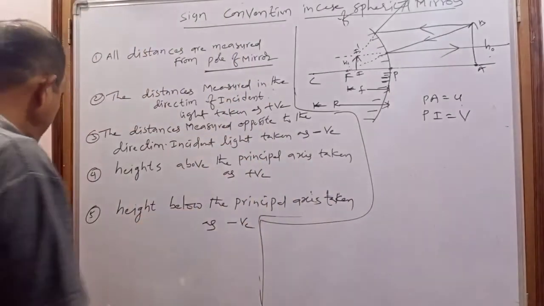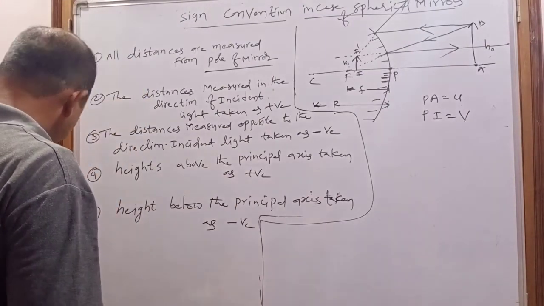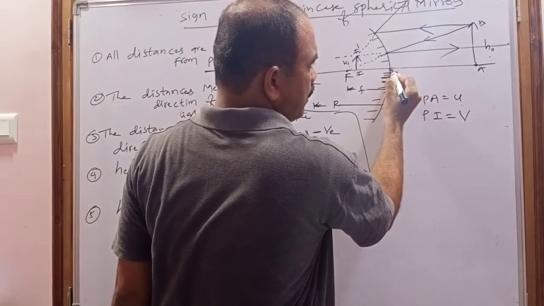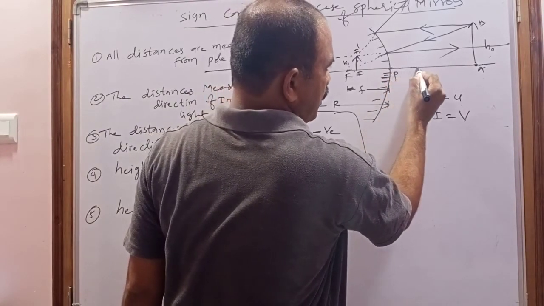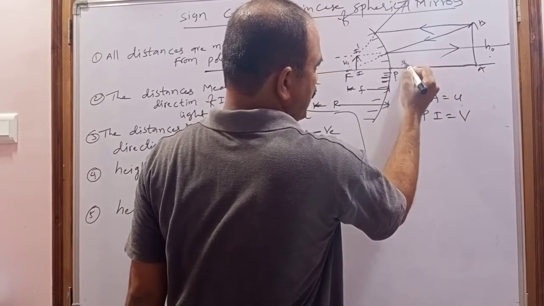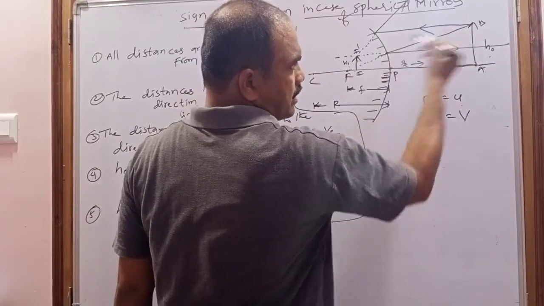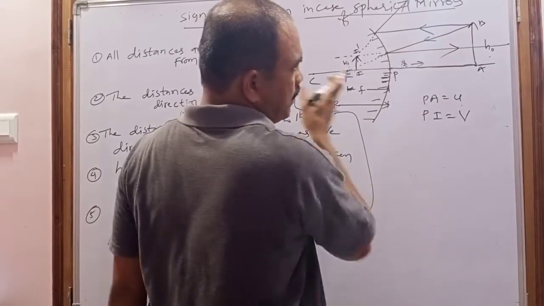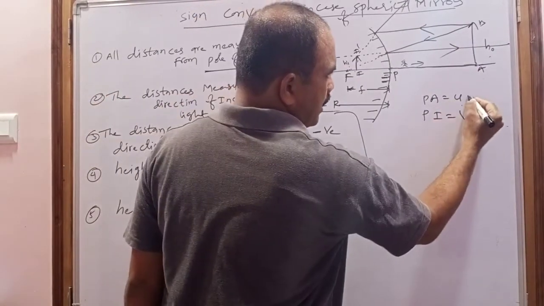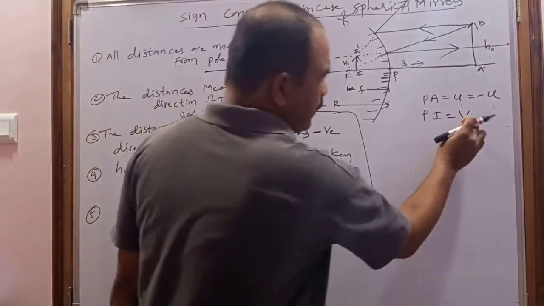When measuring the object distance, you move from the pole towards the object, in this direction. This is the direction of the incident rays, so you are moving opposite to the incident ray. That is why u is taken as minus u.